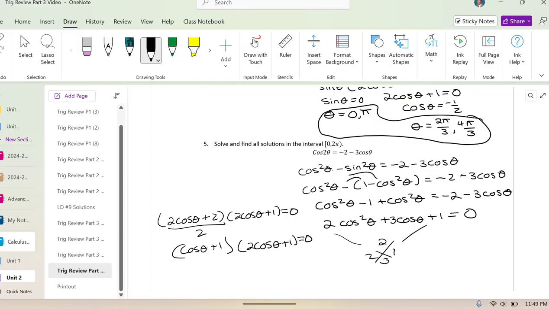So those are the factors. When you set equal to 0, you get cosine theta equals negative 1, cosine theta equals negative 1/2. So theta is equal to pi, and it's also equal to 2 pi over 3 and 4 pi over 3. Those are your 3 answers there.